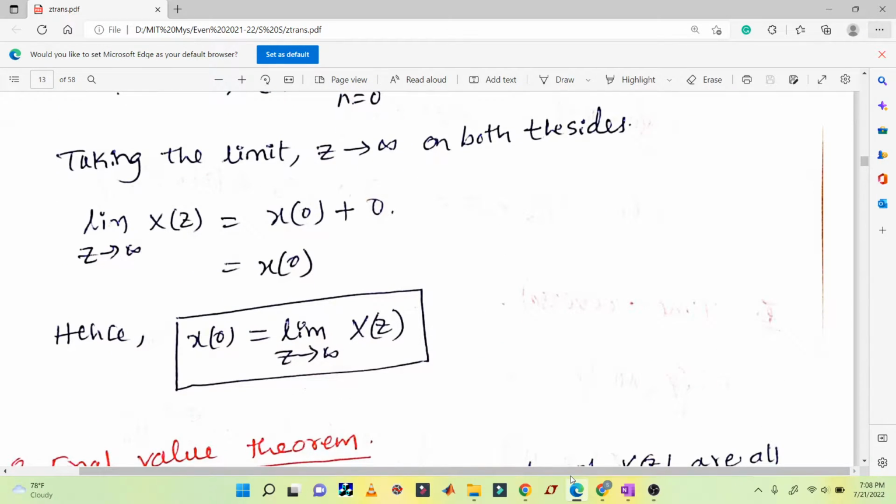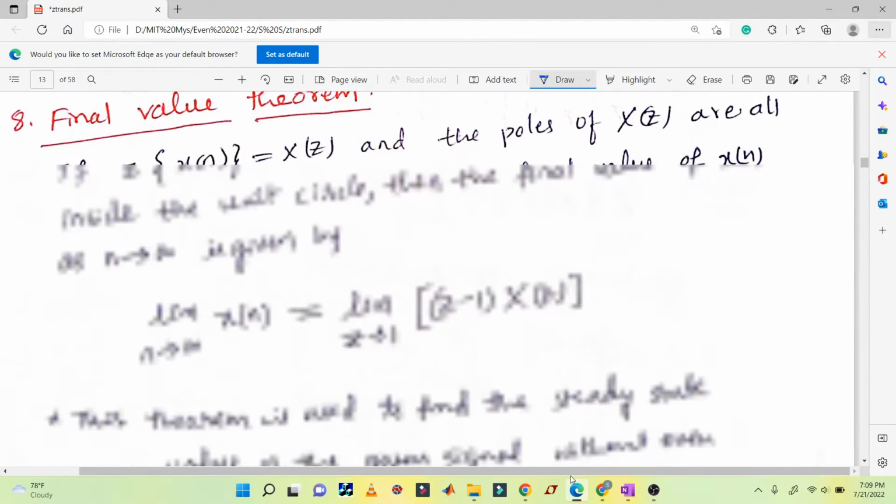The initial value theorem provides us the initial value of the given sequence before applying the Z transform. Initial value is at n is equal to 0. Next is the final value.